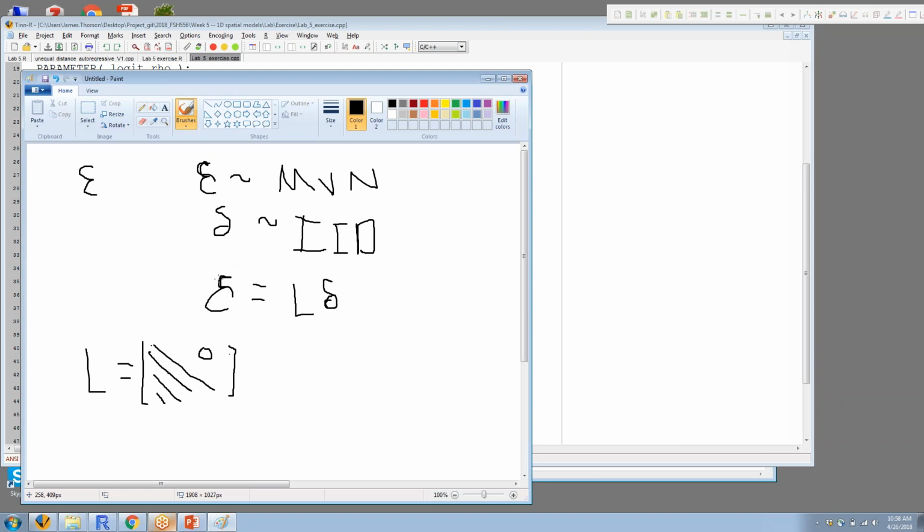The second element of epsilon is delta times the second row, which has 2 non-zero elements. And the third row of the Cholesky has 3 non-zero elements. So the Cholesky, in some sense, encodes a way of representing epsilon as a recursive equation.